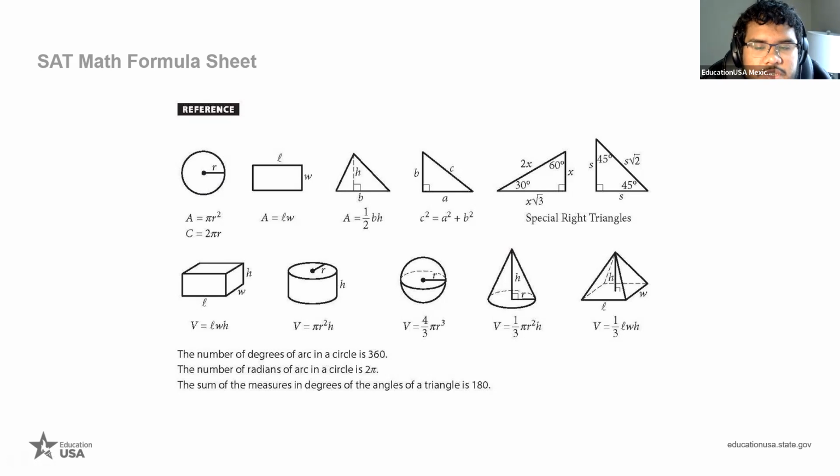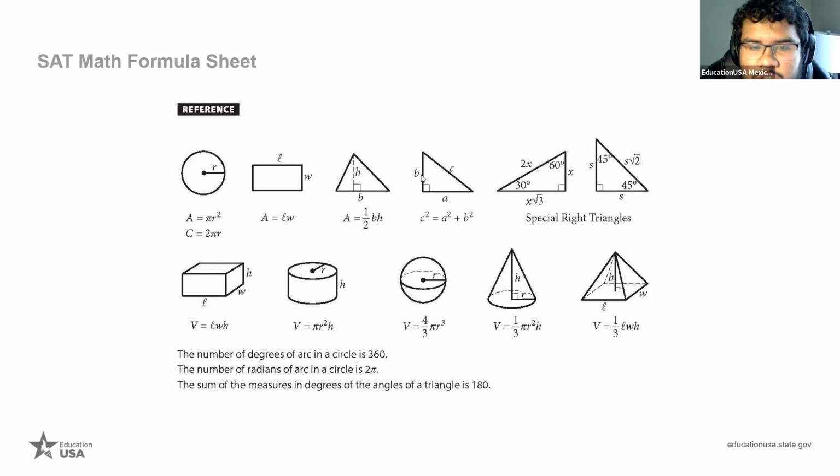And lastly, the last property here is also pretty important for various geometric problems, saying the sum of the measures of degrees of the angles in a triangle is 180. So what does this mean? It means that given any triangle, it doesn't have to necessarily be a right triangle like this one, the angles will always add up to be 180.